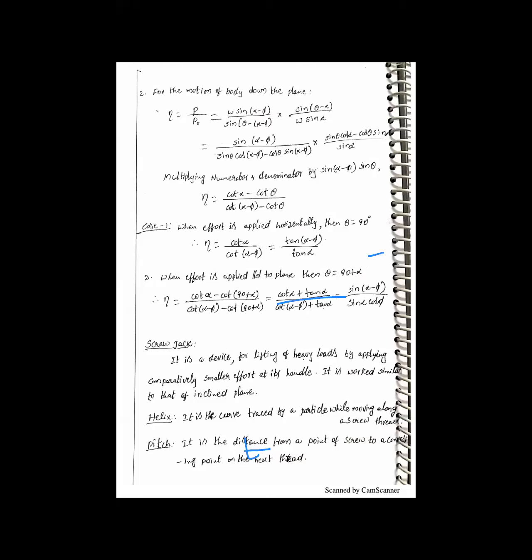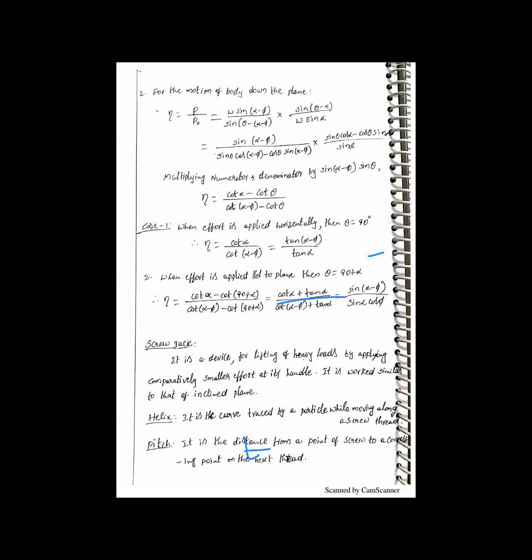Now when we get the eta value, for case 1 the theta value is substituted as 90 degrees, that means the effort is applied horizontally. Then eta equals cot alpha by cot alpha minus phi, because cot 90 is 0, so the remaining term is here.